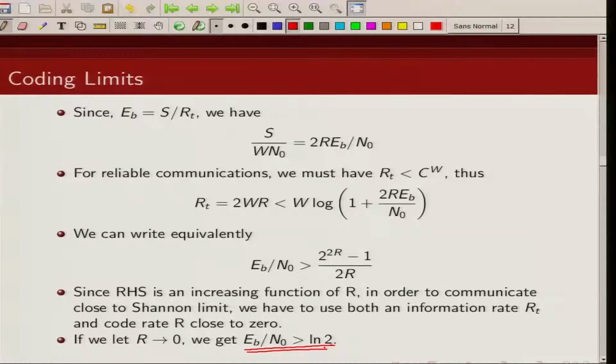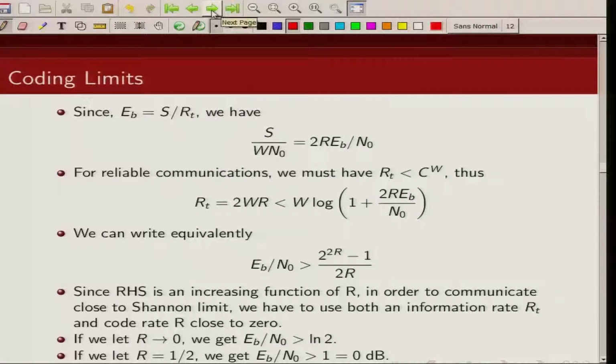And let us plug in some practical values of R, let us say R is half. If we put value of R to be half, then E_b by N naught should be more than 0 dB. So, you can see for any rate which is away from 0, the minimum SNR required for transmission is also more.